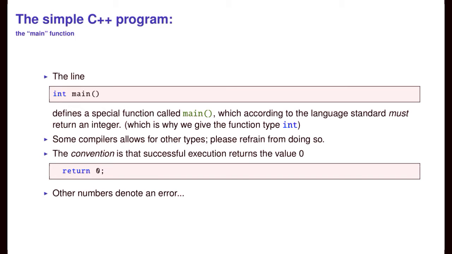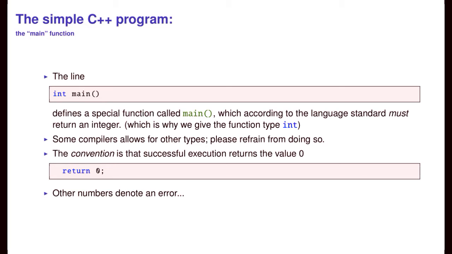This is the statement to define functions in C and C++, and that function is called main, which according to the language standard must return an integer, which is why the function has been given the type int, and typing is discussed in the wiki if you don't remember what a type is. So essentially it returns an integer.